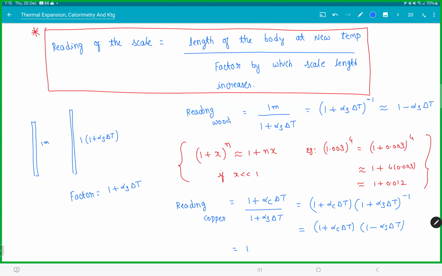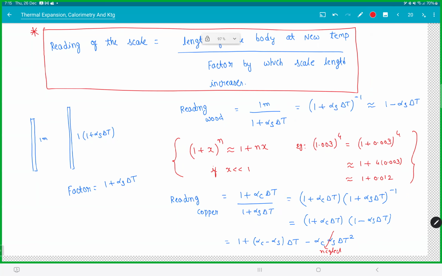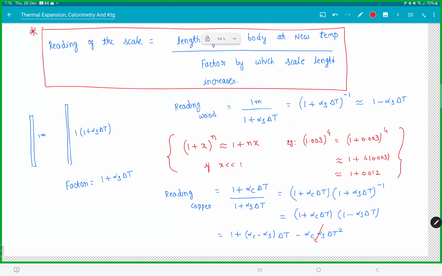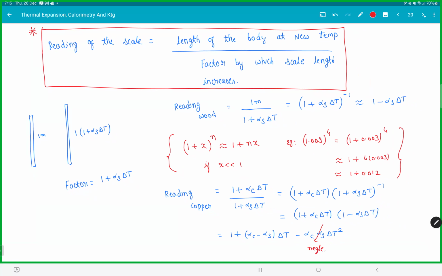Multiply, and you end up with 1 plus (alpha copper minus alpha steel) delta t minus alpha copper alpha steel delta t square. And then we neglect this. And there, your final answer is 1 plus (alpha copper minus alpha steel) delta t.